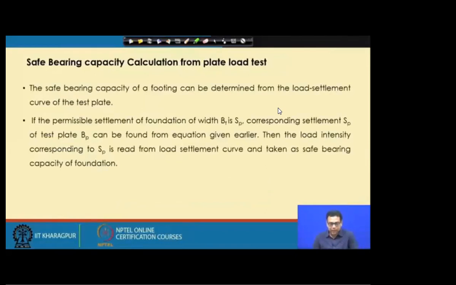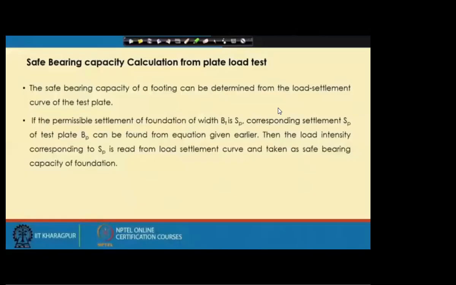Now, how do I calculate the safe bearing capacity from a plate load test? The safe bearing capacity of a footing can be determined from the load settlement curve of the test plate. If you have a load settlement curve, from that curve we can determine the safe bearing capacity from the plate load test data. Now, how will we do that?